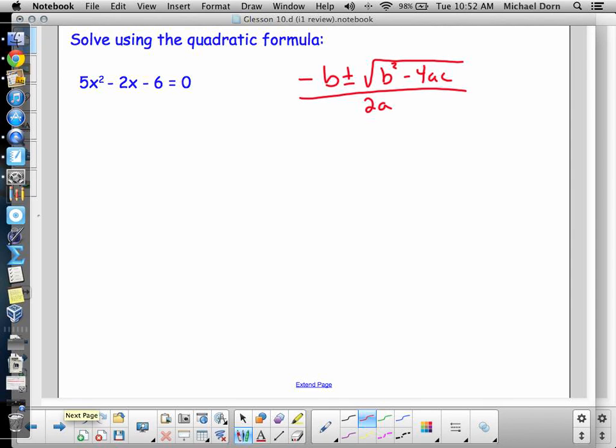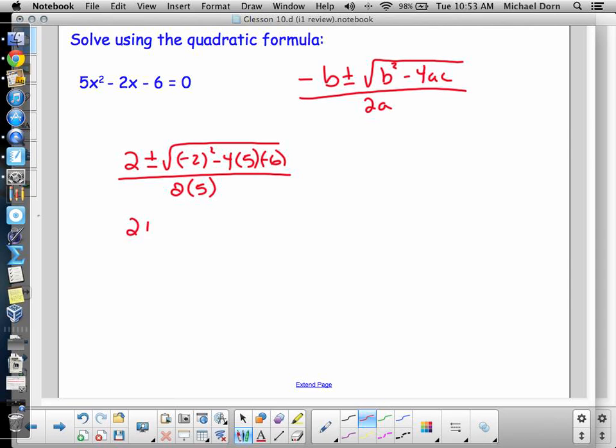Here b is negative 2, so negative 2 is positive 2, plus or minus the square root of negative 2 squared minus 4 times 5 times negative 6, over 2 times 5. So that's 2 plus or minus the square root of 4. That's 20 plus 6, that's plus 120, over 10.